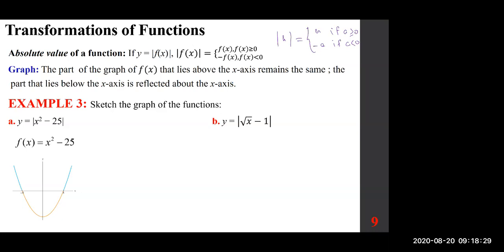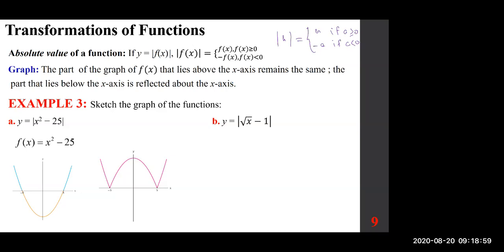It will flip over with respect to the x-axis. So look at the graph. This is how the graph is going to look. So how do we graph an absolute value function? Depends which portion is above, which portion is below the x-axis. Okay, everybody? All right.